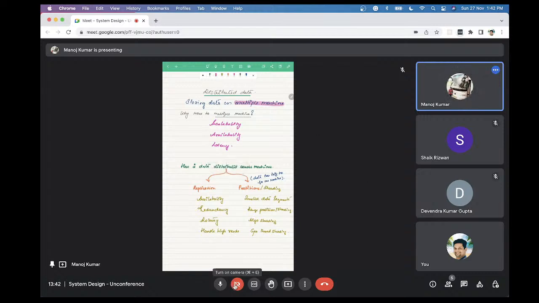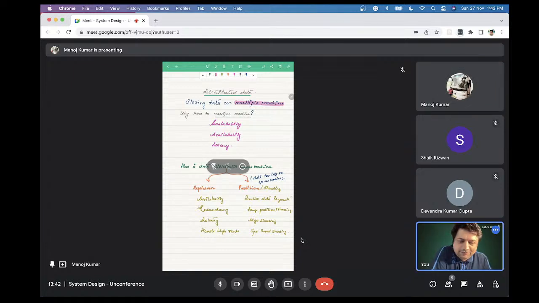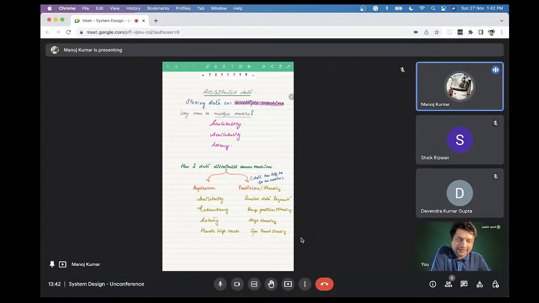Now, what is replication? Manoj, a few things I would like to discuss in this. First is why move to multiple machines. I also see one reason, which is ensuring reliability or redundancy, right? Backup, I will come to that part.